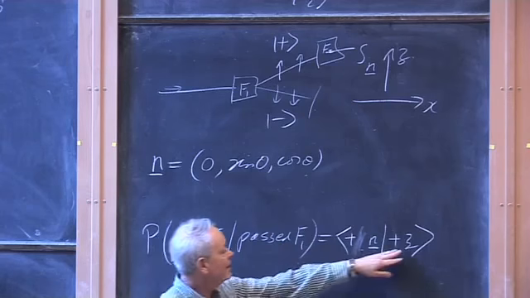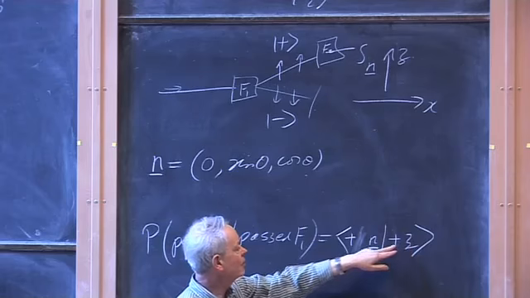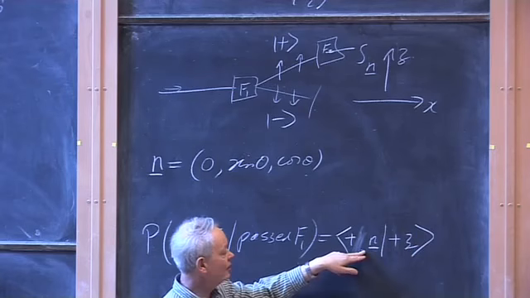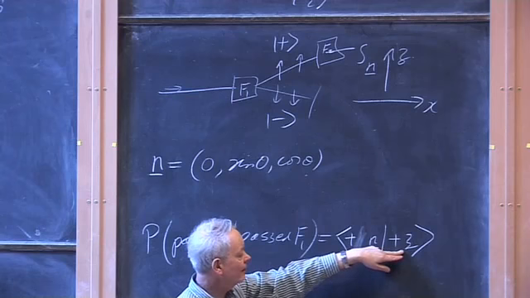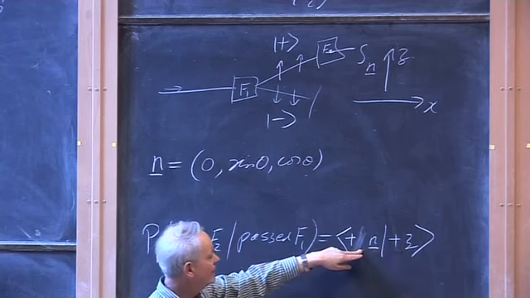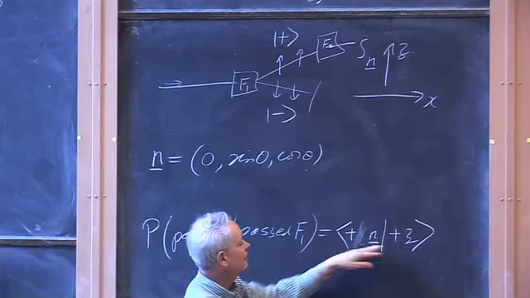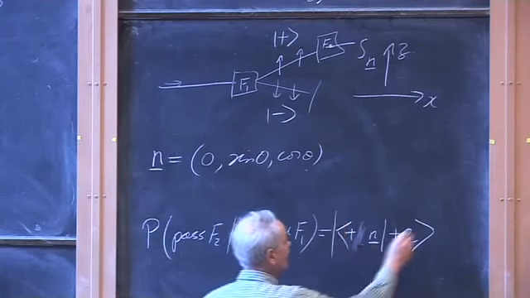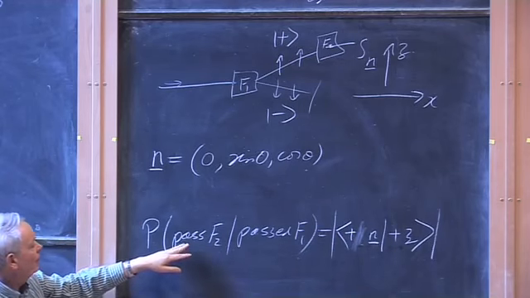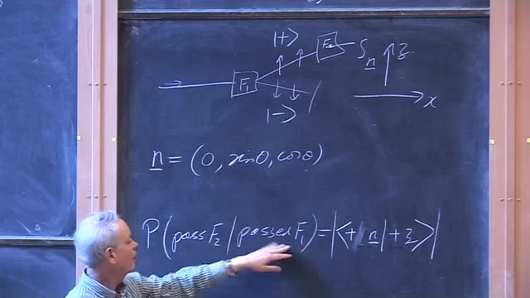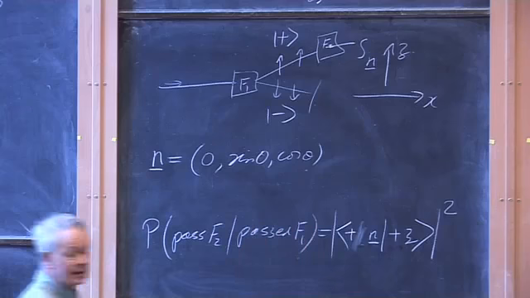So this is the state that you're in. Up there it's just called plus, but now I put in a z to distinguish it from this, which is in the direction of n. This is an eigenket of Sz with eigenvalue a half. This is an eigenket of S sub n with eigenvalue a half. And this pair of things makes the amplitude, by the basic dogma of the subject, for the probability of this outcome. So I need to mod square this, and I've got the probability that I want.